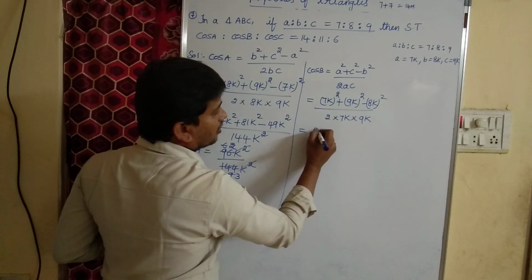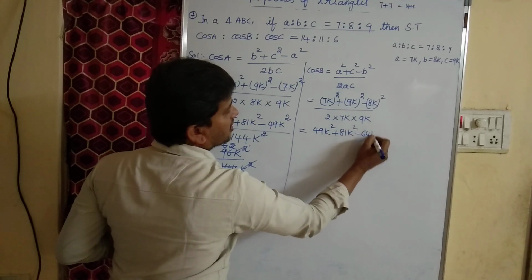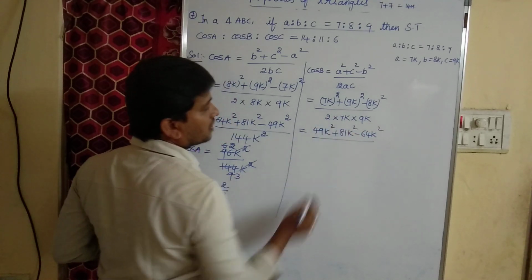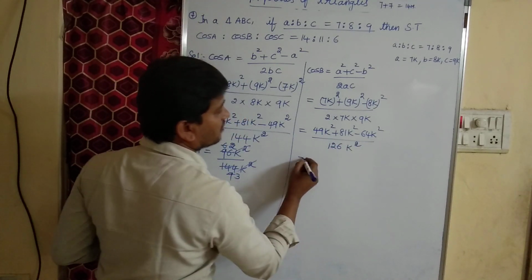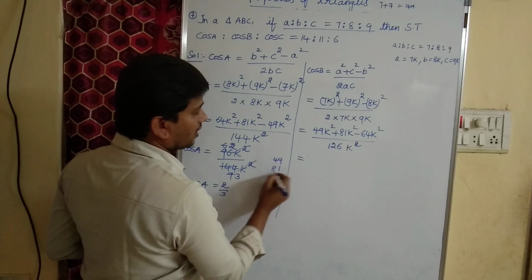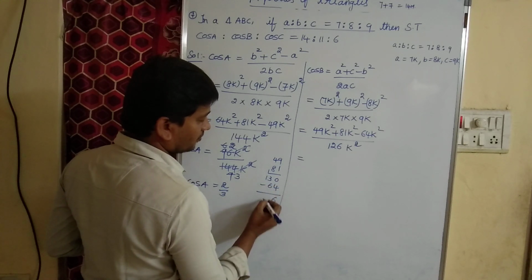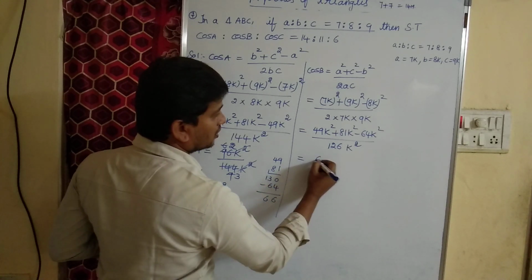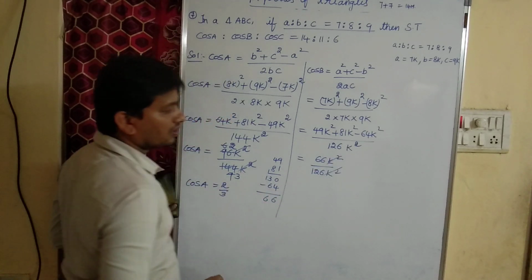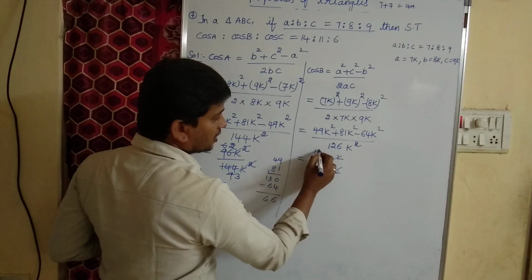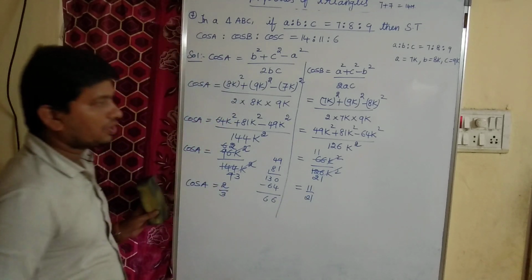So 7 square 49, 9 square 81, 8 square 64, 2 times 7 is 14, 14 times 9 is 126 k square. So 49 plus 81 is 130, minus 64, that is equal to 66k square by 126k square. The k square cancels. 6 times 11 is 66, 6 times 21 is 126. So the answer is 11 by 21.